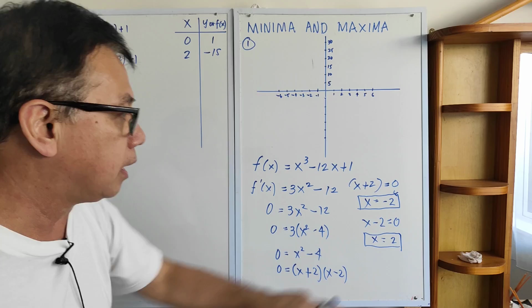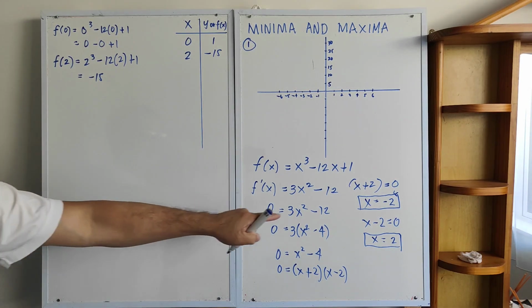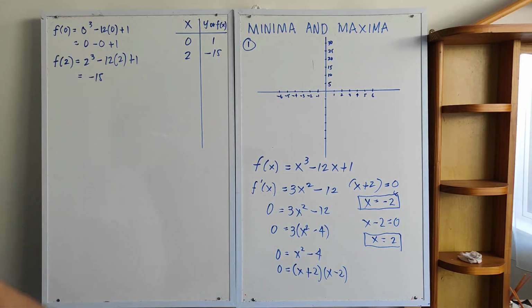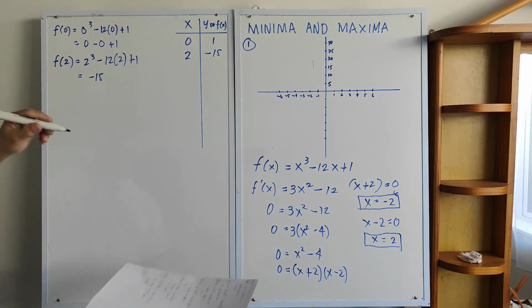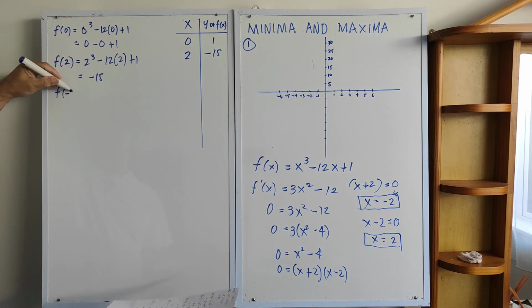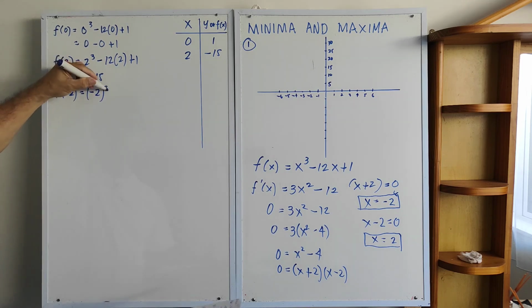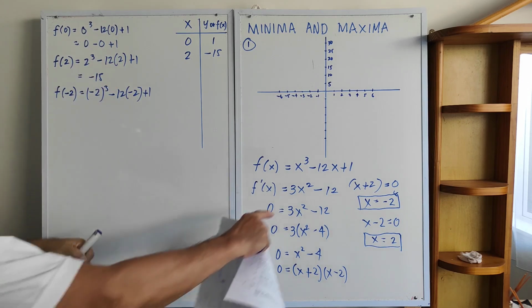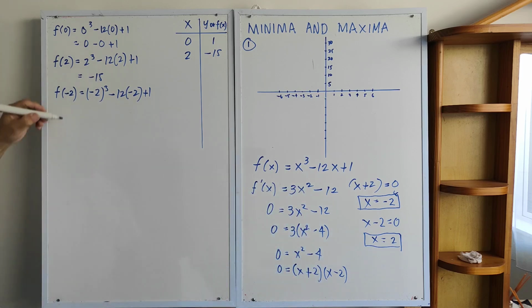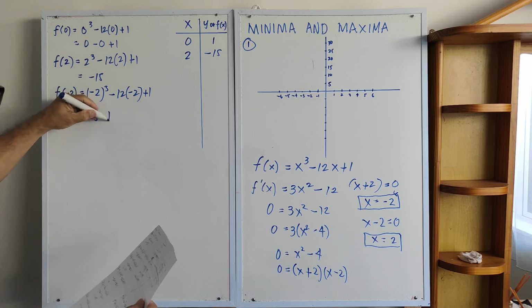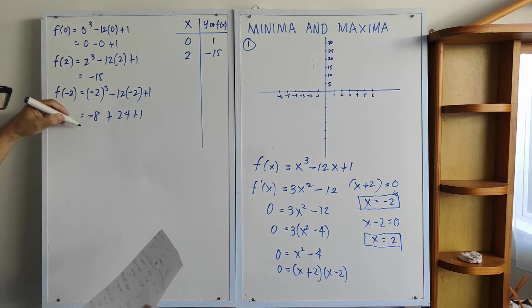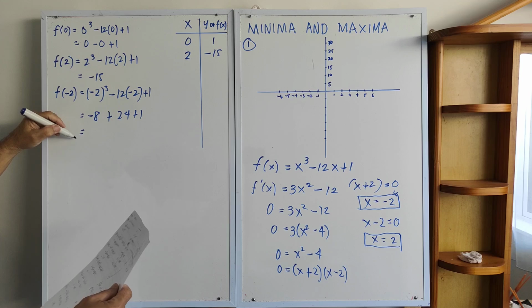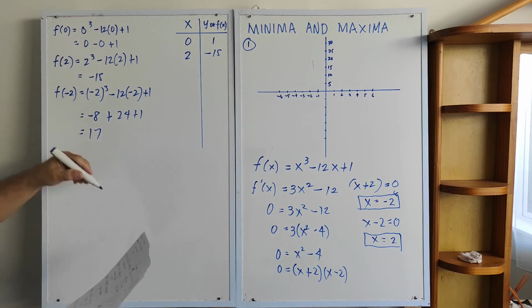So we'll evaluate the other one. We call these critical values because these are minima and maxima, we just don't know which is which yet. If x is negative 2, then negative 2 cubed minus 12 times negative 2 plus 1, still following our equation, would be negative 8 plus 24 plus 1, which is 17.